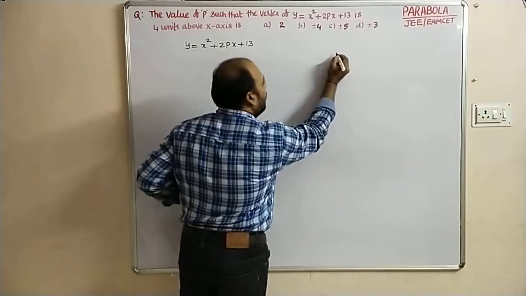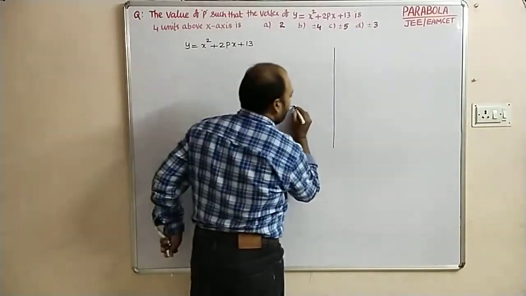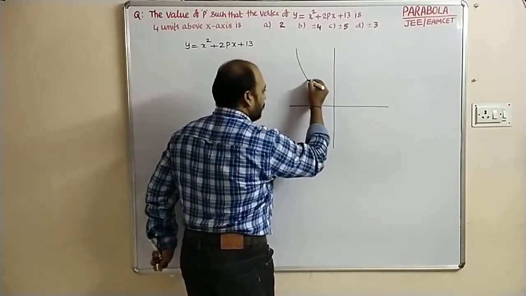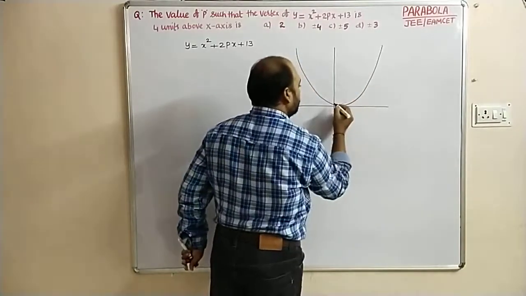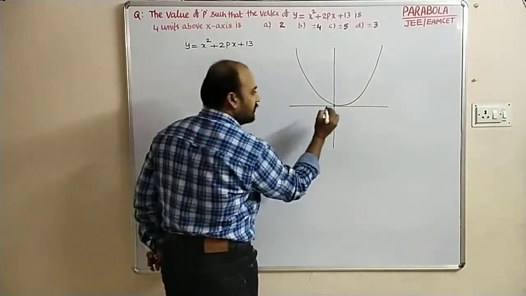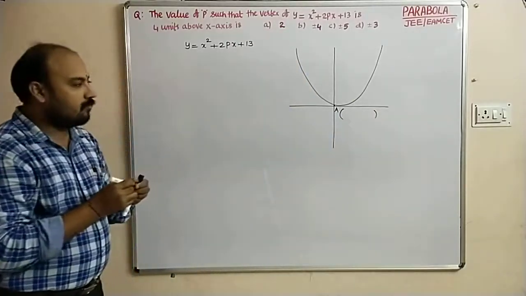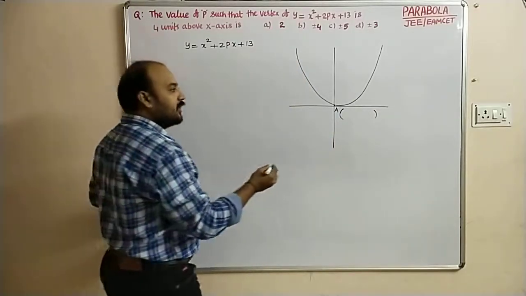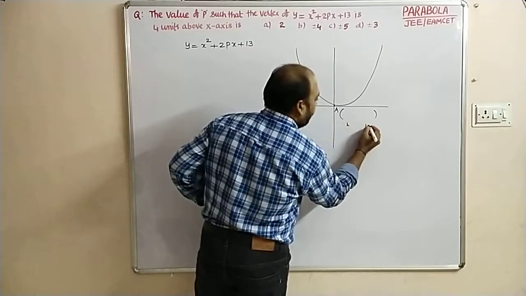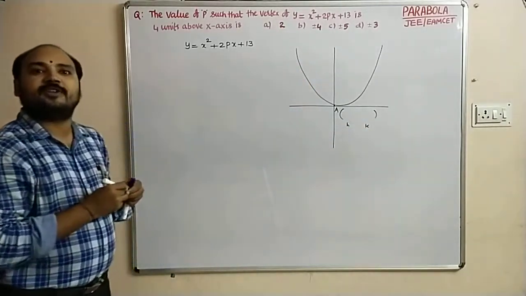Therefore, the curve will be like this, this is the parabola. This is the vertex of the parabola, A, that we are going to calculate now. Vertex is denoted by h comma k. We are going to get the values of h and k.